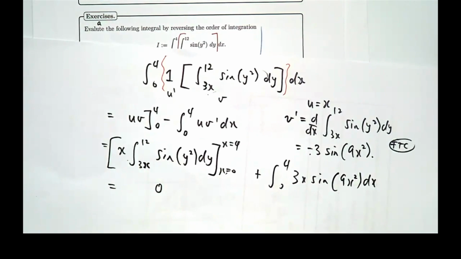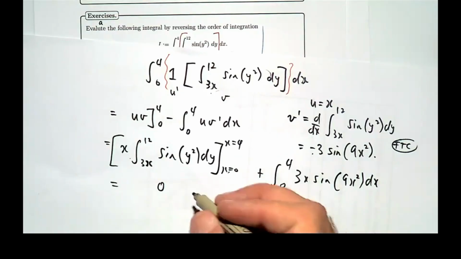0. Now, the only thing we've got left to do is this integral. Now, how good is this? The integral of sine will be something like negative cosine, and you've got 9x squared in there. If you differentiate that, 18x will come to the front, and it's sort of like 3x. So as long as you can adjust it, you'll be fine.